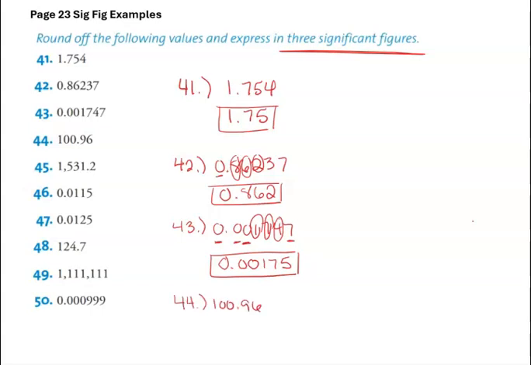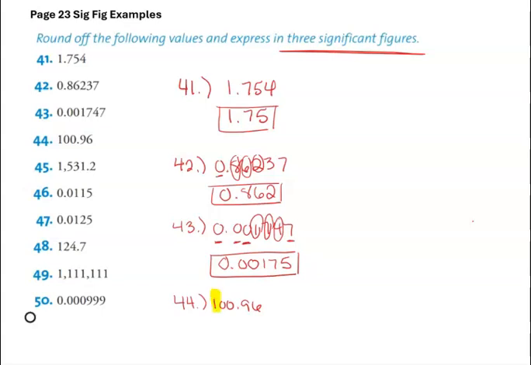Now let's look at 44. We have 100.96. This is a different scenario. We have a non-zero number to the left of our zeros, so that's going to make our zeros significant. We're trying to get down to three significant figures.